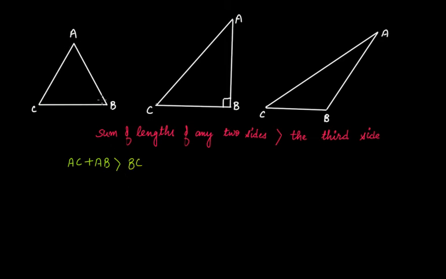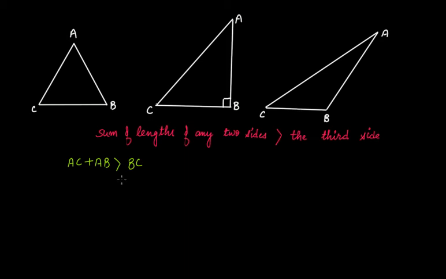The value that you will get after adding AC plus AB will be greater than the length of this third side.